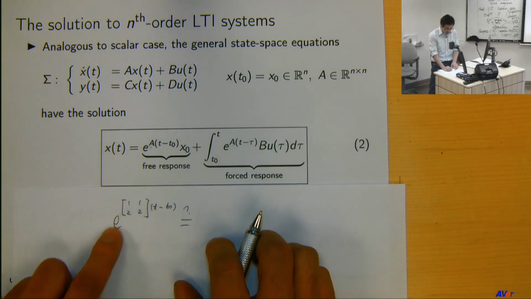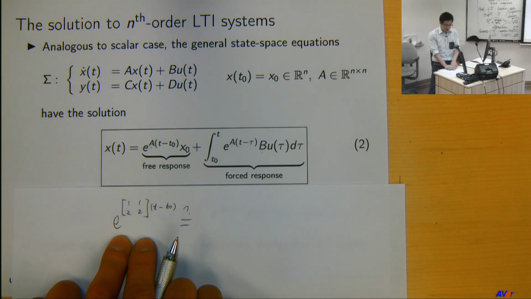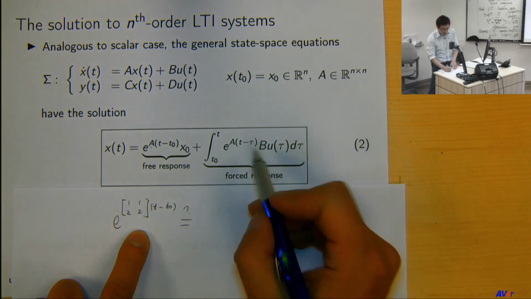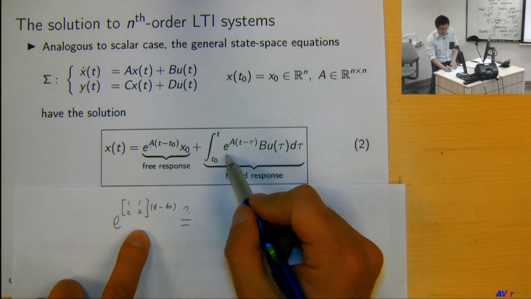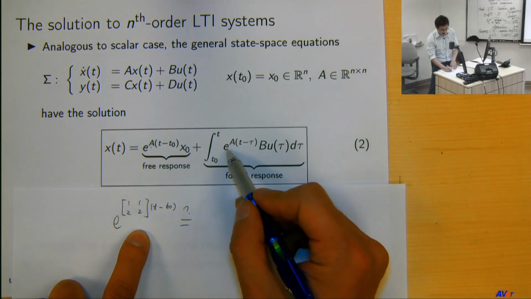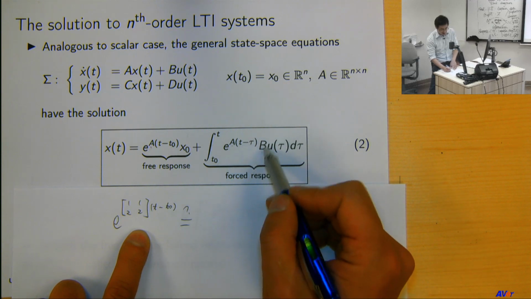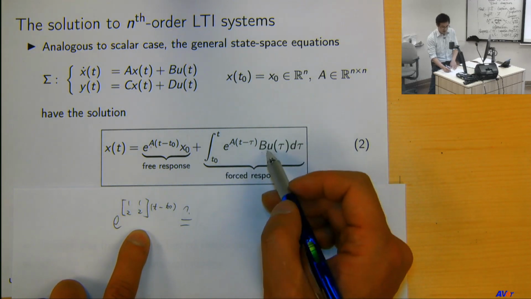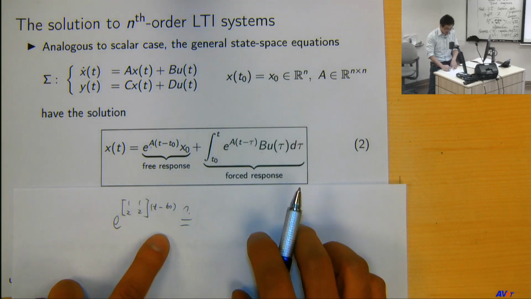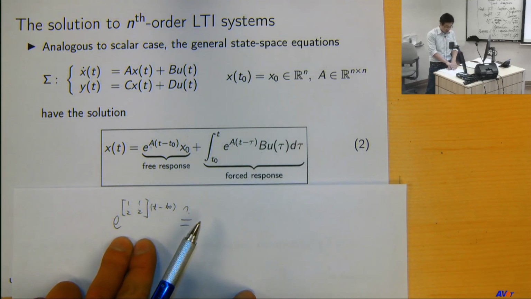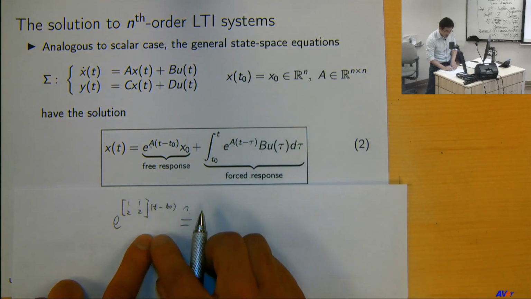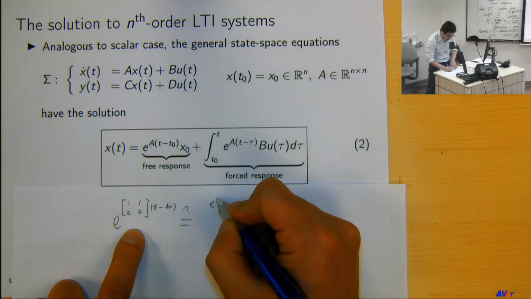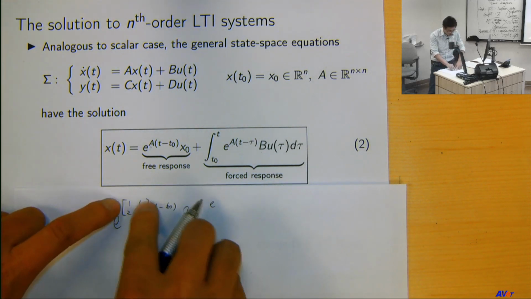First of all, what do you think? Is this a matrix or a scalar? It is a matrix, right? Because somehow you have to make this work out. You have e to the A(t minus tau) times B, right? So B is a vector, or a matrix in the general case. So you have to make this work somehow. So it's not a scalar anymore, and it's not as naive as we might imagine. It's not the exponential function applied to all the individual elements.